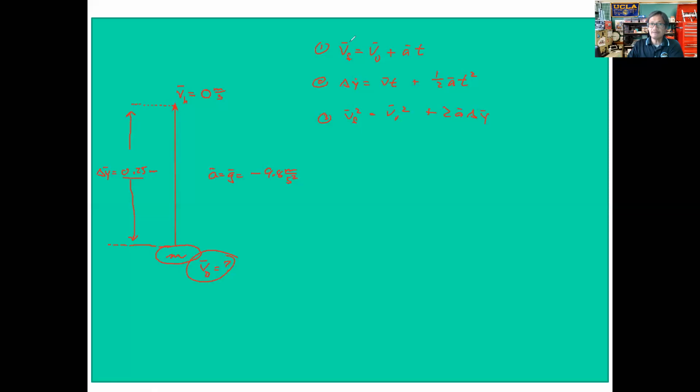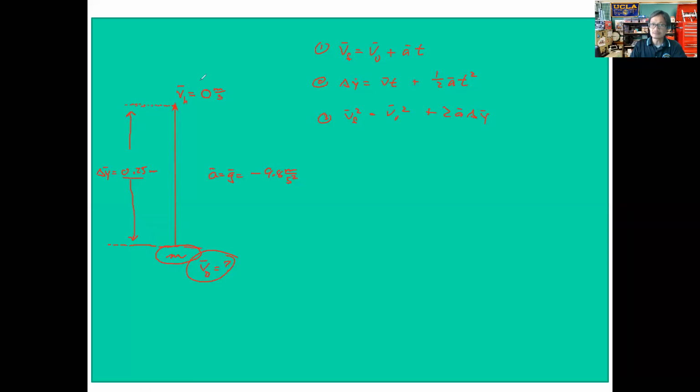We have v final, if we consider that this represents the final velocity for this particular motion. The way you want to imagine this is that we hit the pause button right when the coin gets to the top. The motion here, we will isolate only between the initial point and this final position right here.